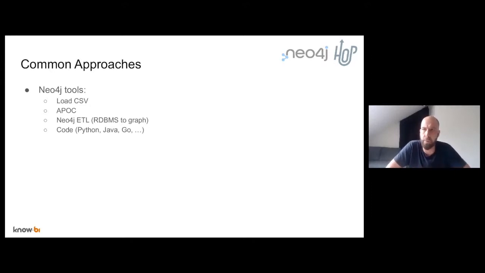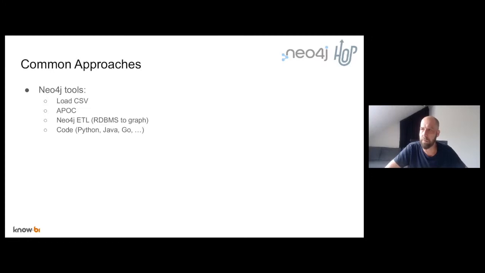Neo4j offers a number of tools, for example, load CSV, APOC, which are procedures that you can use to manipulate the data in your graph, but also to load data to your graph. There's a Neo4j ETL tool that translates data from a relational model to a graph and loads it into Neo4j. And then there are APIs, as is the case for a lot of languages. The most common ones are Python, Java, Go, JavaScript, etc.